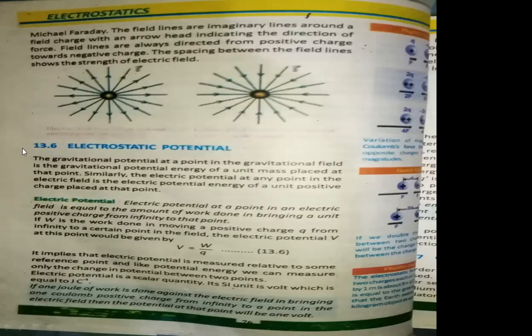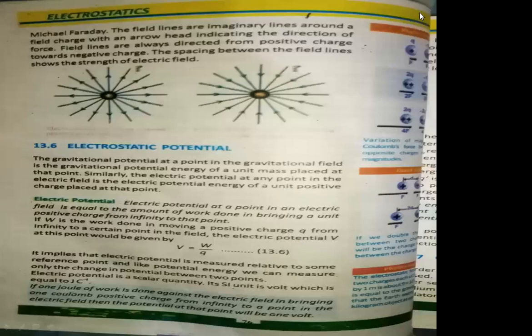Suppose this is the plus Q charge and this is the test charge. Work done is defined as when a force is applied on a body and it covers a displacement in the direction of the force. Our test charge is here and our unit positive charge is here, and we are bringing this charge from infinity to that point.